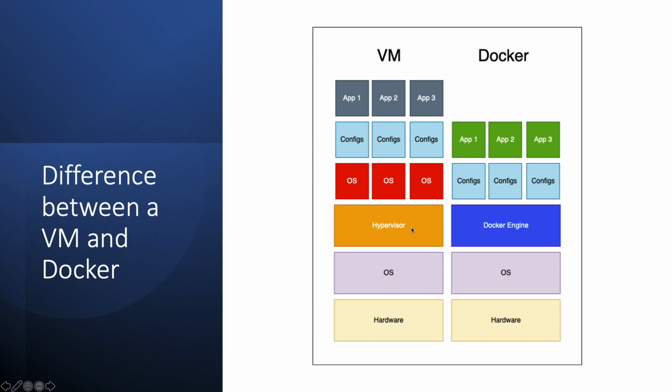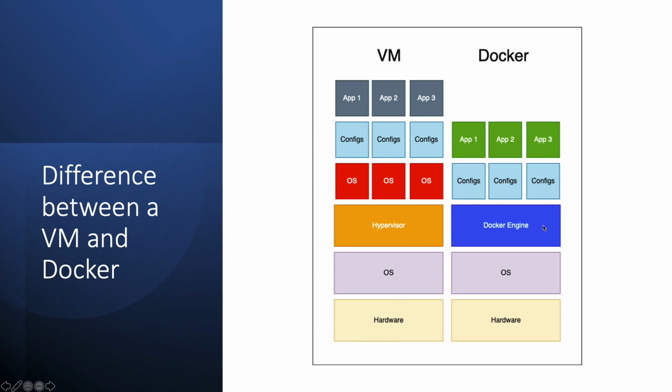The hypervisor basically allows us to separate our main hardware into different small hardwares in order for us to install operating systems, and then install the configuration that we need, and then create our application. So basically, we are creating multiple virtual machines based on our main hardware, or base machine.